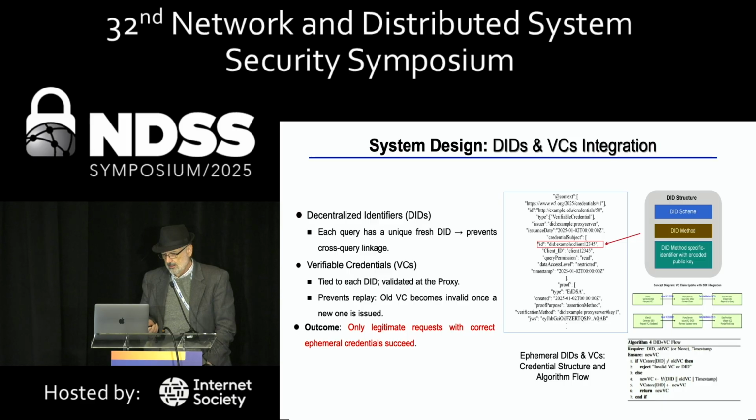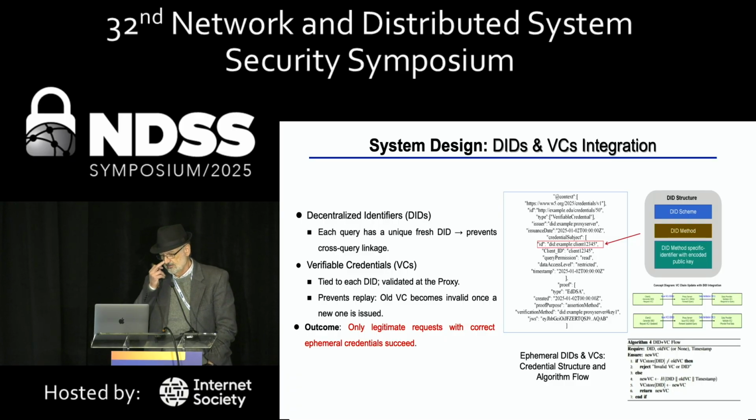And then we also use, as I mentioned, DIDs and verifiable credentials. And the idea is that every query gets its own decentralized identifier. If you're not aware of those, they are identities that essentially you can self-provide.